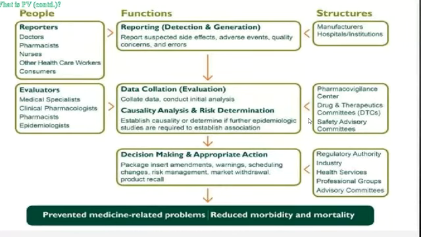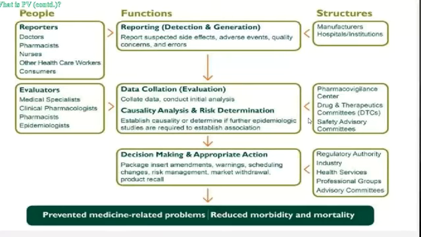Then package insert amendment, warning, scheduling the changes, risk management, market withdrawal, and product recall are the scope here. The regulatory authority and industry take the disciplinary actions and approvals, as we have seen in the previous slides. Health services, professional groups, and advisory committees also play a big role, because there is a constant exchange between the pharmaceutical healthcare industry and the regulators.